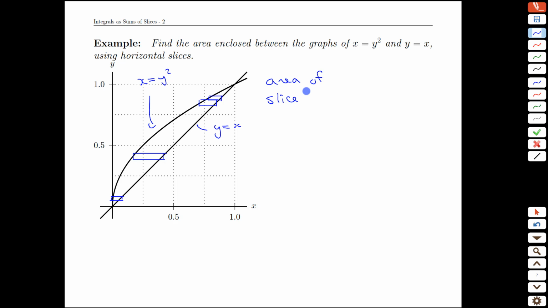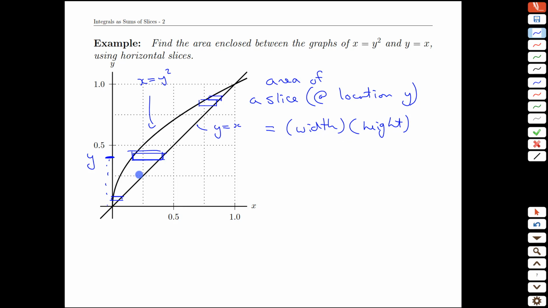So the area of a slice, and let's make this more specific, at location y. So imagine going up to some y value and finding the width. Well, that's going to be one of the ingredients, and the height is going to be the other ingredient for the area of the rectangle. The height is the easy part, it's delta y.